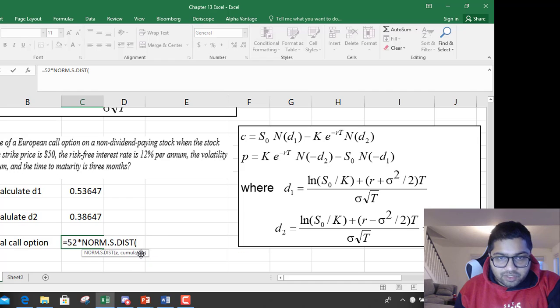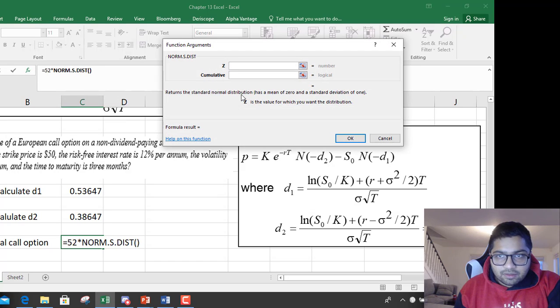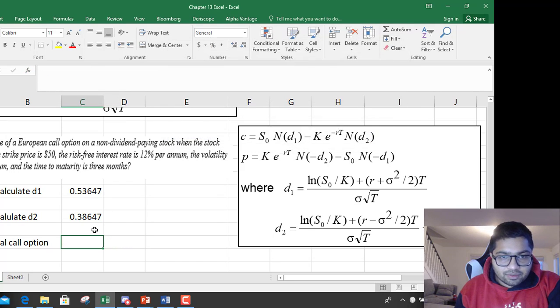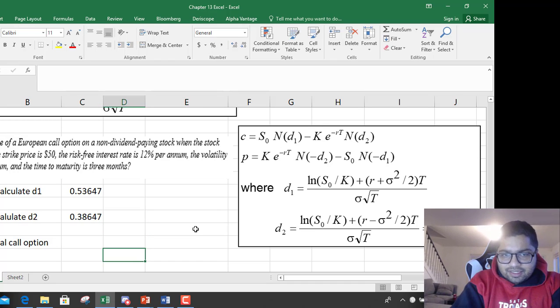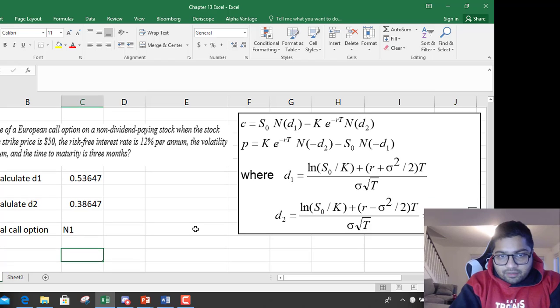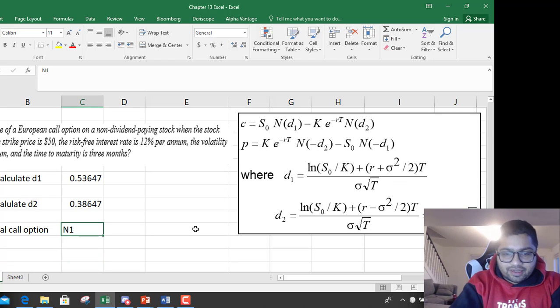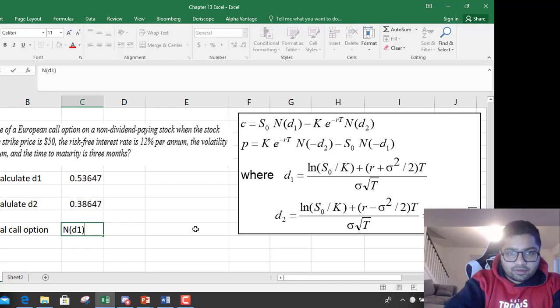So there is with this formula, I guess. Yeah, don't need this one. So let's calculate N(D1) and N(D2) first and then go back to this formula, because you have to use a log normal formula.